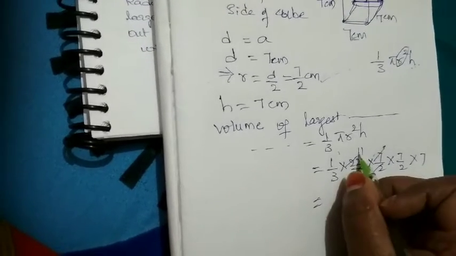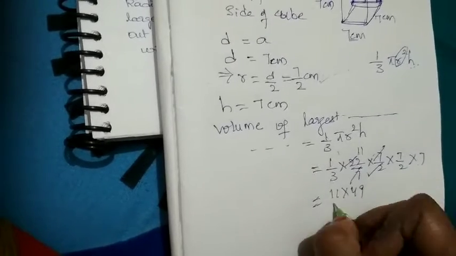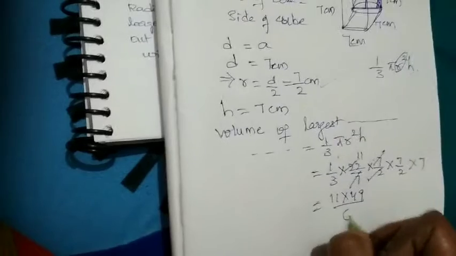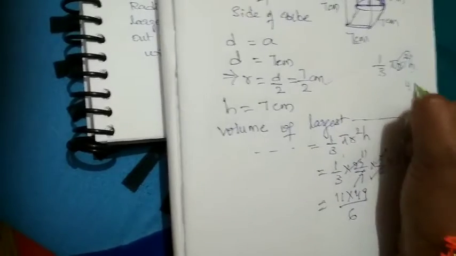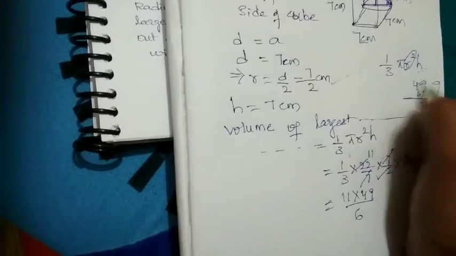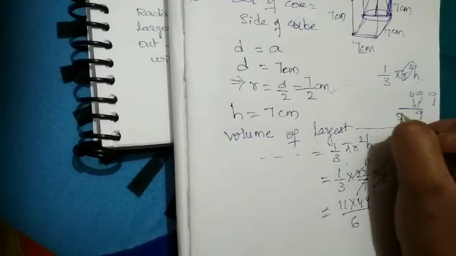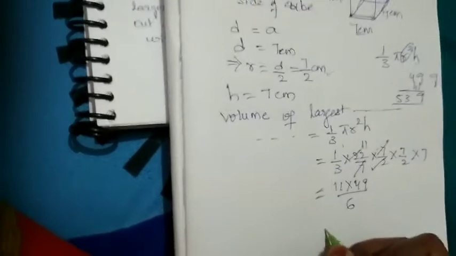So 11 into 7 into 7, which is 11 into 49, by 3 into 2 which is 6. So 49 into 11: 11 9s are 99, 11 4s are 44, 44 plus 9 is 53, so we get 539 divided by 6.